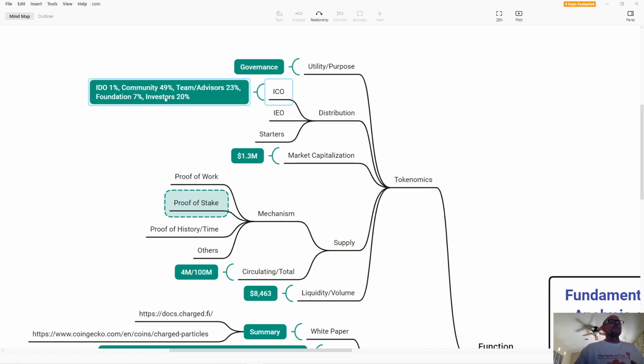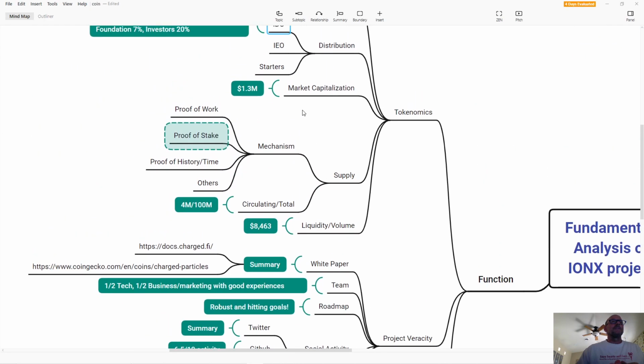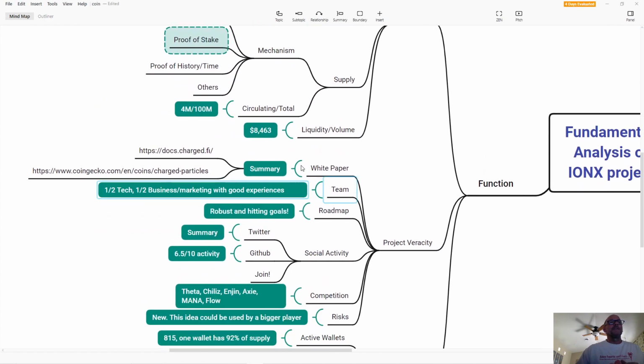Its distribution, I was going to change that to IDO. Market cap, it's proof of stake as far as mechanism. Didn't really talk about that because it was Ethereum, so I kind of flew over that. Circulating total is over 100 million, so that speaks to how it's being distributed. That's nice.